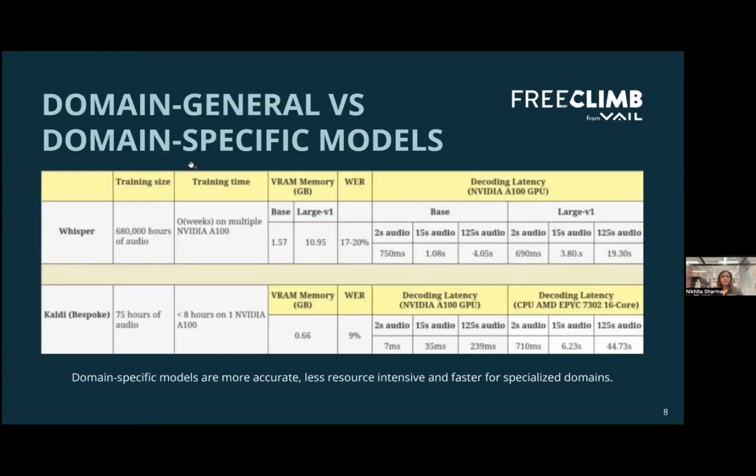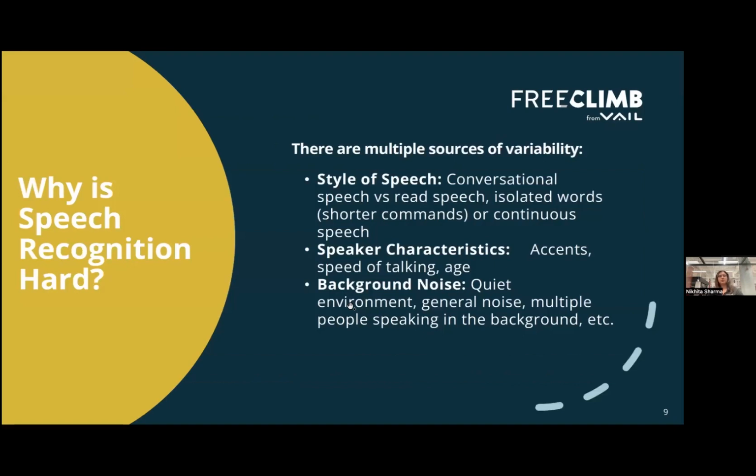There is a question of why this word error rate is high and why speech recognition is hard in general. There are a bunch of reasons for that. It's a difficult problem to solve because a lot of the time the audio can be recorded in different ways. It can be conversational speech, it can be read speech.